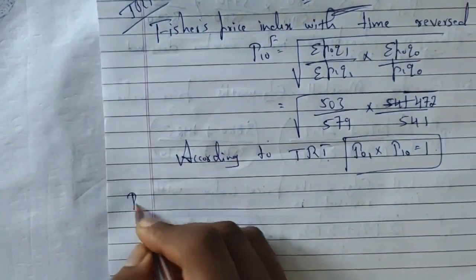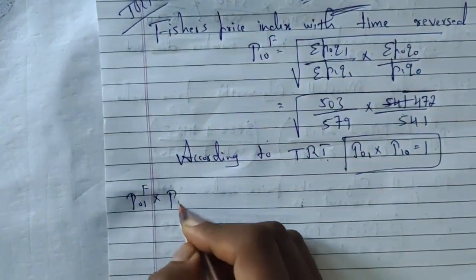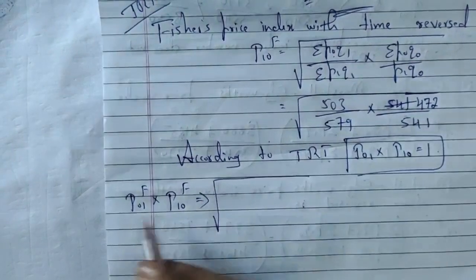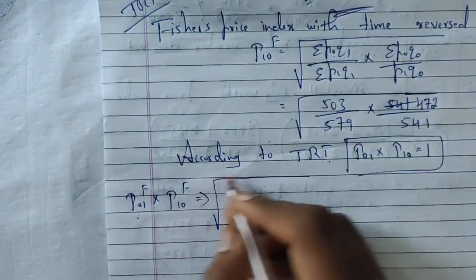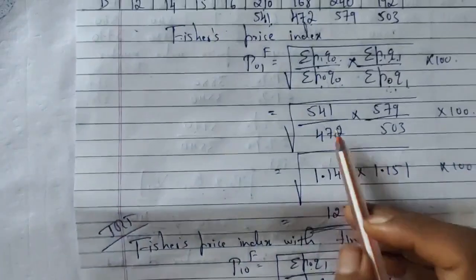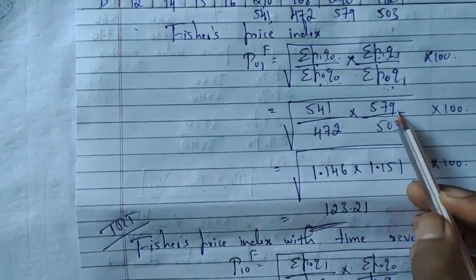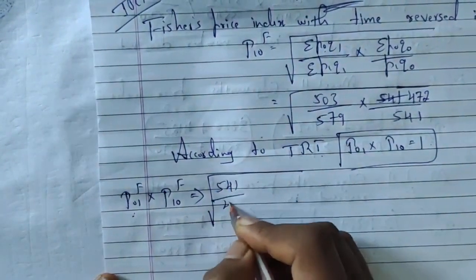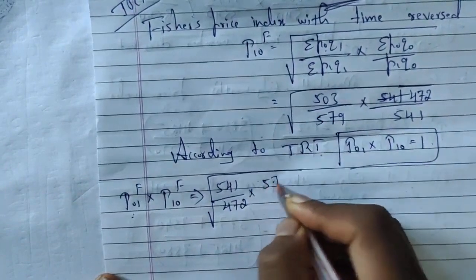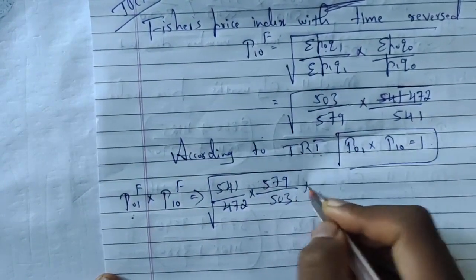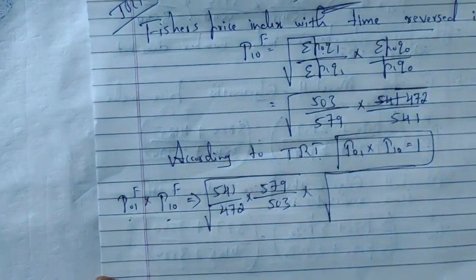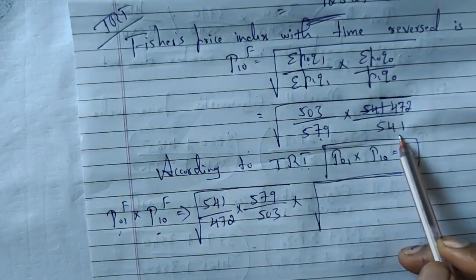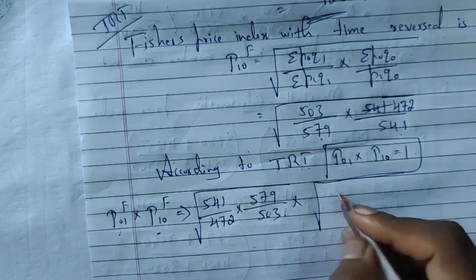Now, P01 Fisher into time reversal Fisher index number gives square root of, first write P01, see here, 541 by 472 into 579 by 503, into square root of P10, that is 503 divided by 579 into 472 divided by 541.